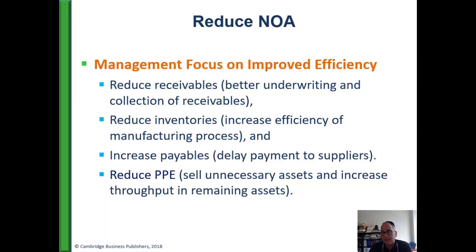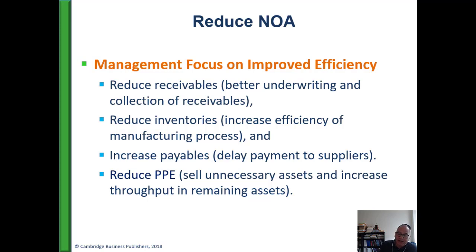So anyway, one way to reduce net operating assets, which would improve your net operating asset turnover so you become more productive, is to reduce your receivables, in other words, collect them more quickly. Reduce your inventory, which would mean to increase your inventory turnover, move your inventory more quickly, and produce the same sales with a little less inventory.